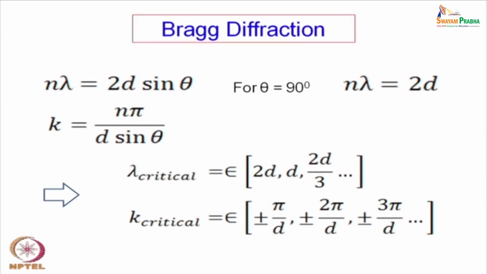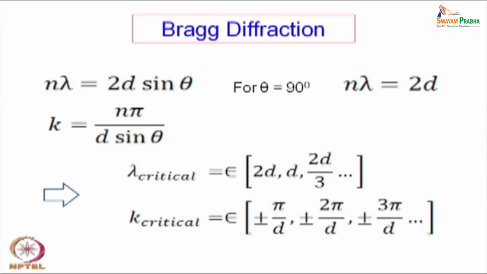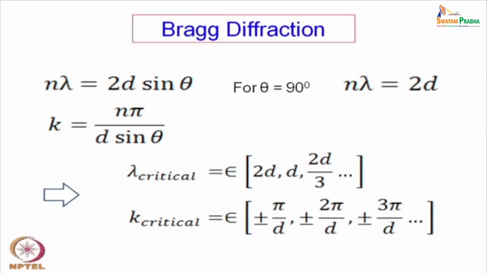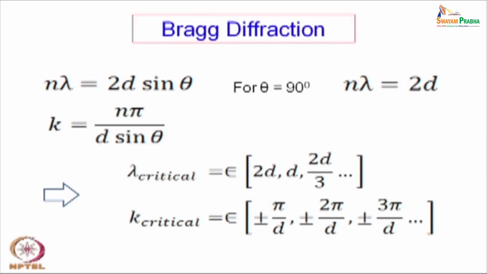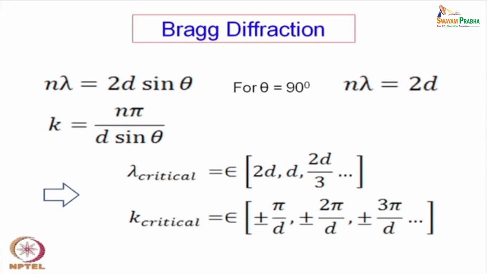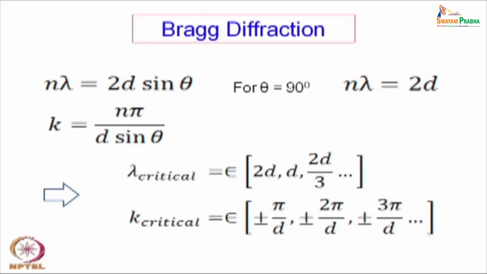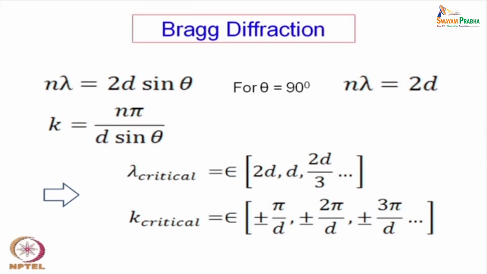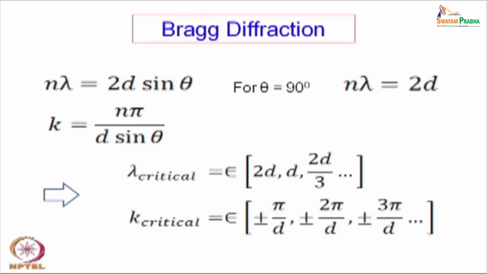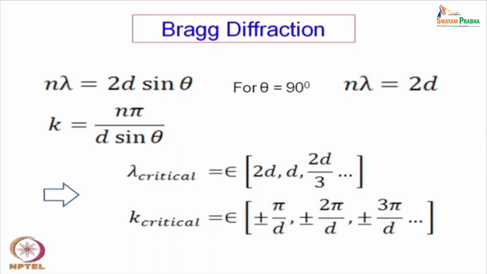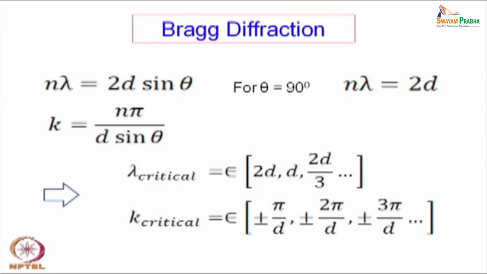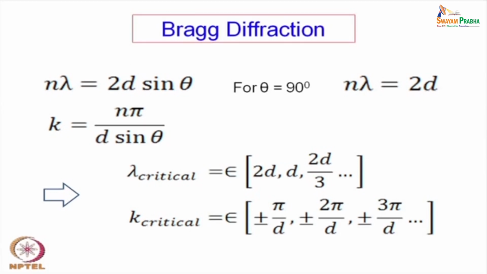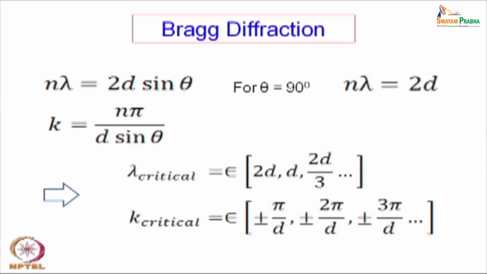If the angle of incidence is about 90 degrees, there will be a complete reflection back, which means the electrons impinging on surfaces with this d spacing, with theta of course 90 degrees, will be completely reflected back. The wave will not pass through.